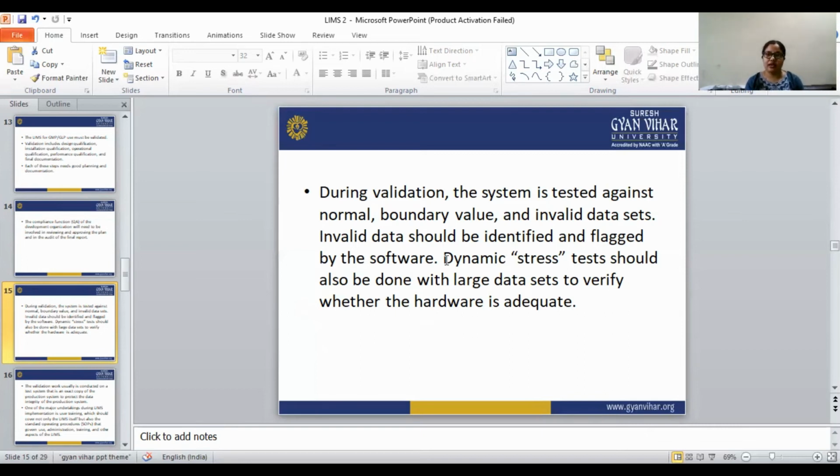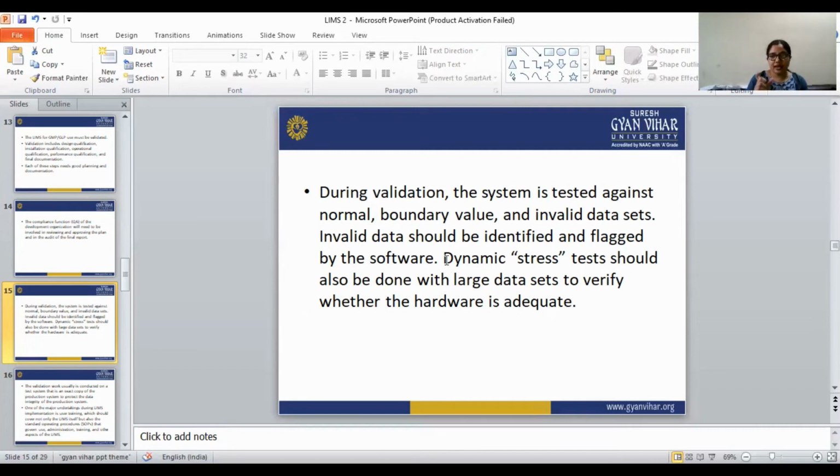Okay, so at that time samples are inserted into the particular LIMS, and they have particular normal values, boundary values, and invalid data sets. During the validation, the system is tested against normal, boundary value, and invalid data sets. Invalid data should be identified and flagged by the software.